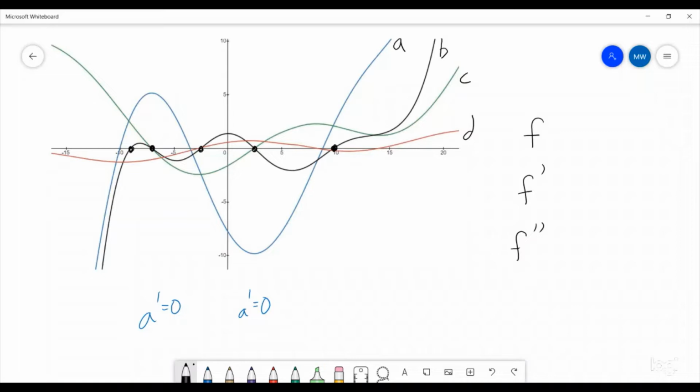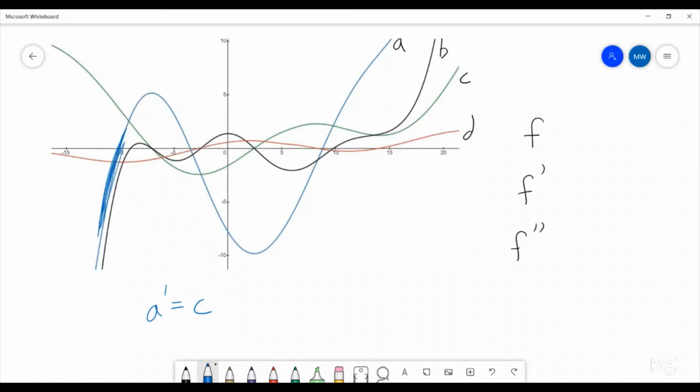But there's only 2 spots where A is flat, which means that B is not going to be the derivative of A. Okay, so we can eliminate B as being a derivative of A, which means that our most likely contender is that the derivative of A is going to be C. And then let's check that that actually makes sense based off of the rest of the graph.